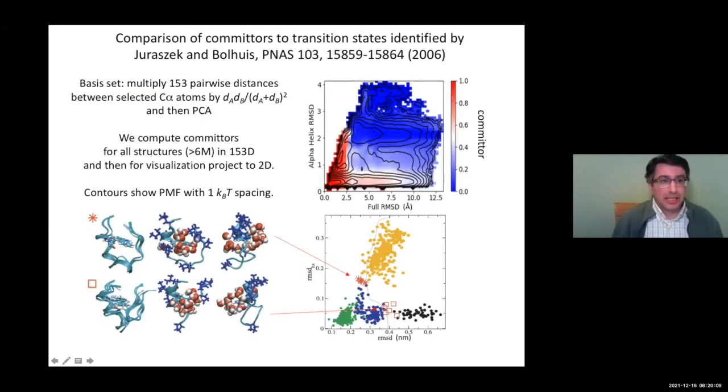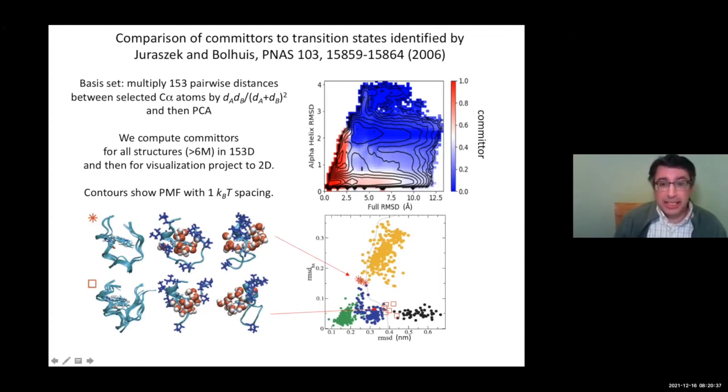Okay, so now we're going to calculate the committor. Again, we do that calculation in 153 dimensions for 6 million structures. So that's something that I never thought we'd be able to do. And then just for the purposes of visualization, we are projecting down to 2 dimensions and averaging, okay? And then we're comparing to Peter's results.